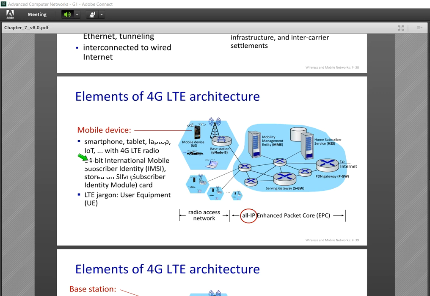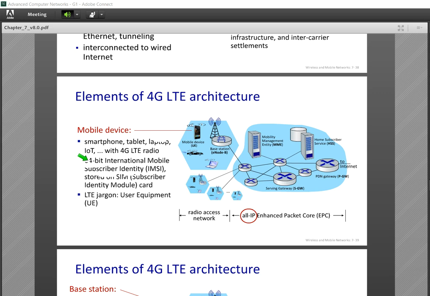We use this ID to make it clear which device I'm using. This ID is unique.